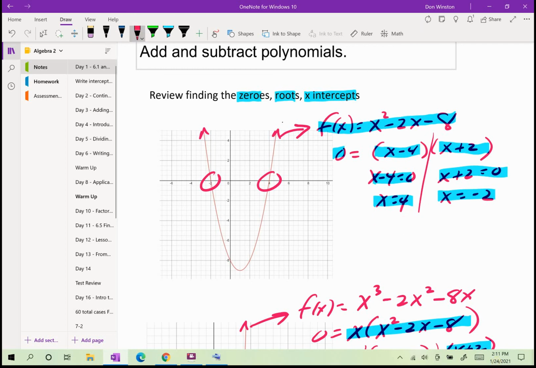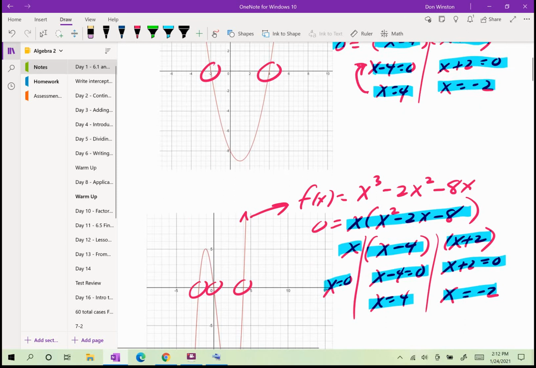So there's my zero, and there's my factored form, x minus 4. If my zero is x equal to negative 2, if I add 2 to both sides to make the right side 0, the factored form will be x plus 2. So if my zero was negative 2, then my factor was x plus 2. I just reversed finding the zeros.